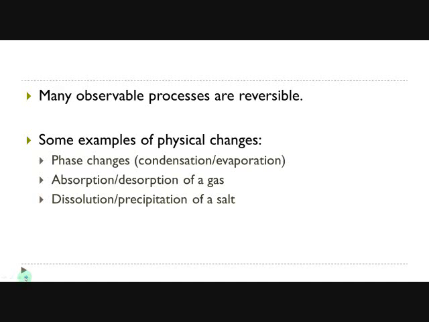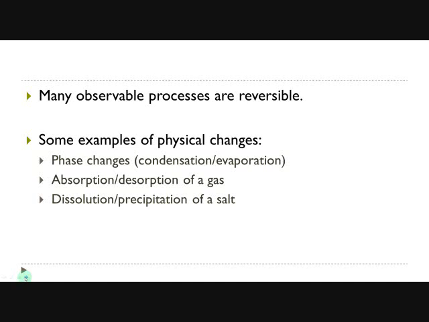Some of our observable processes are reversible. Some examples of physical changes would be phase changes, like condensation versus evaporation. That phase change is reversible. Adsorption versus desorption of a gas, when it is created and when it is going away.